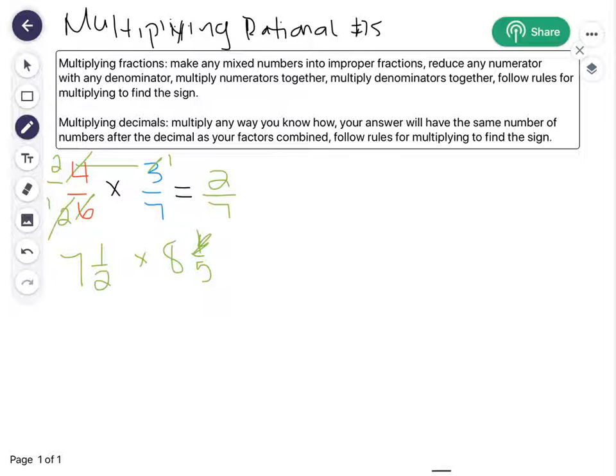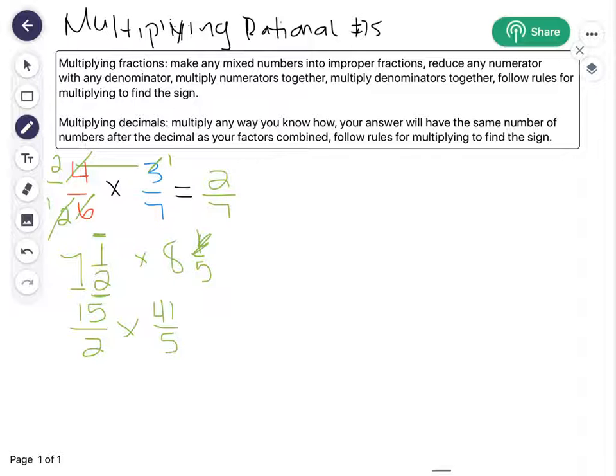Okay, so first step, turn any mixed numbers into improper fractions. To do that, we multiply the denominator by the whole number and then add the numerator. So 2 times 7 is 14 plus 1 is 15 over 2, and 8 times 5 is 40 plus 1 is 41 over 5. Now they're in improper fractions. Now we can reduce any numerator with any denominator.